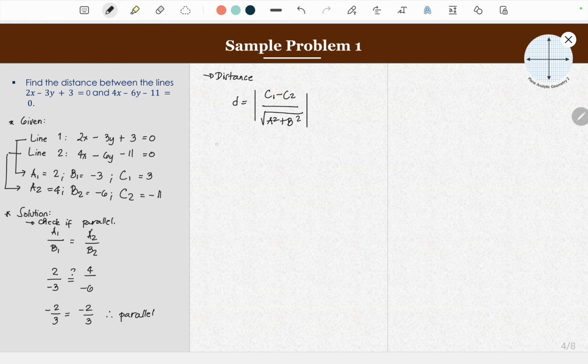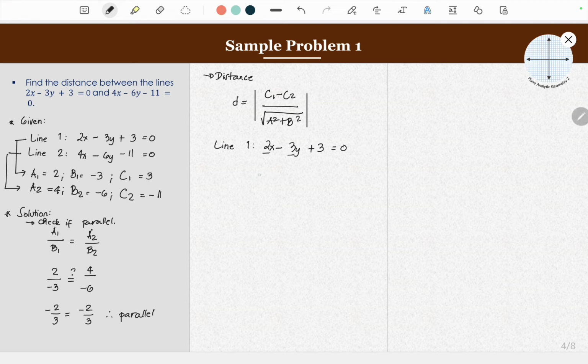So line 1 is 2x minus 3y plus 3 is equal to 0. The line 2 must have a value of A of 2 and a value of B of negative 3. So let us divide equation 2 by positive 2.